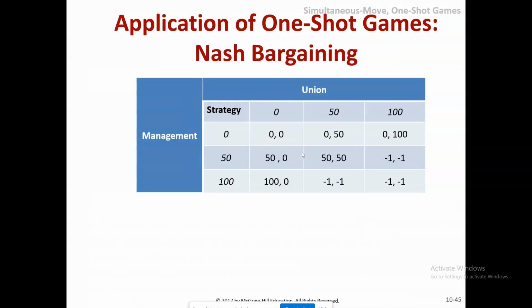Here's an application of one-shot simultaneous game. The setting is the following. Suppose the management and labor union are bargaining over how much of a hundred profit to give the union. In the real world, it can be much bigger than that, right? Could be 1,000, could be 1,000,000.